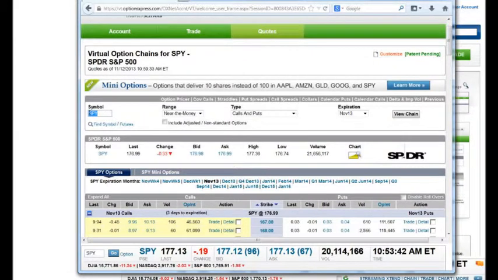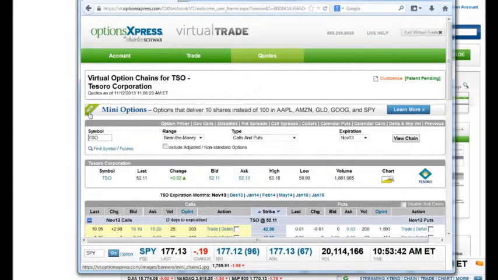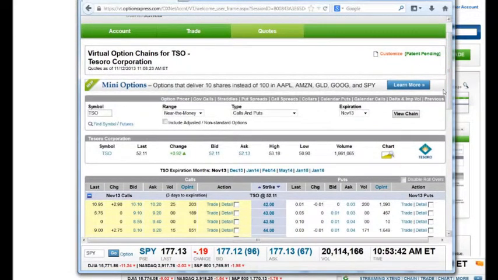Now let's look at Tesoro. Again, this is a virtual trade. This is not a live trade for the challenge or anything like that. This is just for training purposes. We looked at Tesoro last night. It was one of the top 3 picks we did yesterday, and the stock itself is doing pretty well this morning. But let's go in and explain these option chains.